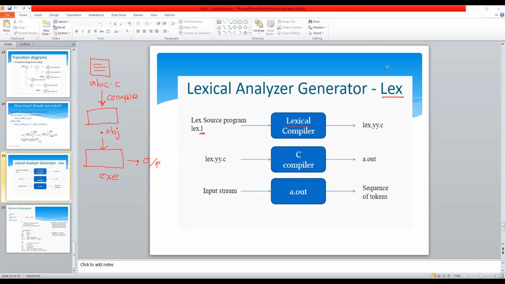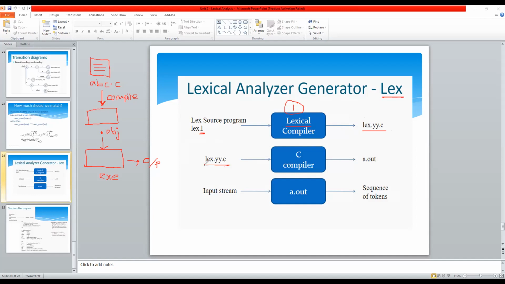After this first compilation, the .l file gets converted into lex.yy.c. It is the default name given to the file. Always you have this file name only, lex.yy.c. So whenever I write the lex.l file, it is converted into lex.yy.c by the lexical compiler.